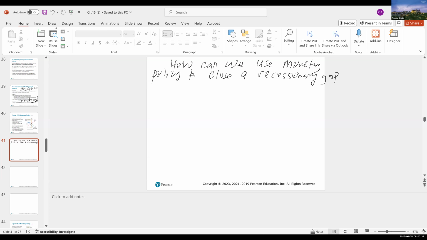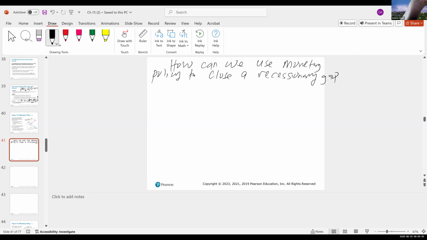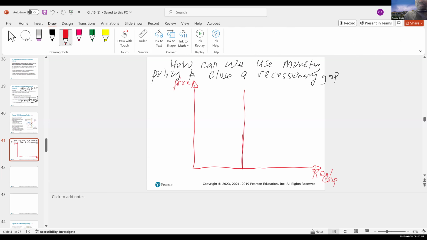So how do we illustrate a recessionary gap again? Let's draw it here. We did this in chapter 13. So you have the price level here, and you have the level of real GDP on this axis. Remember, this is your long run aggregate supply curve that determines potential output.